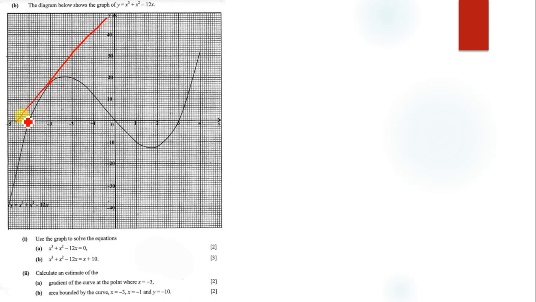And then after doing that, you're going to get two coordinates along this same line. Those two coordinates are the ones you're going to use to find the estimate of the gradient at that point. We know that the formula of the gradient is given by m is equal to y2 minus y1 over x2 minus x1.